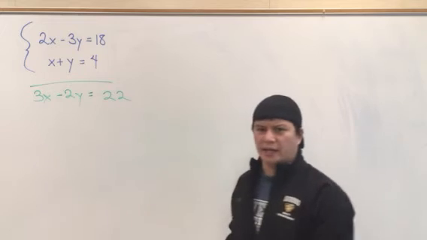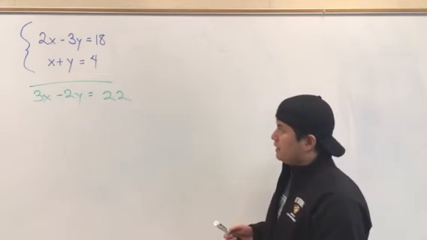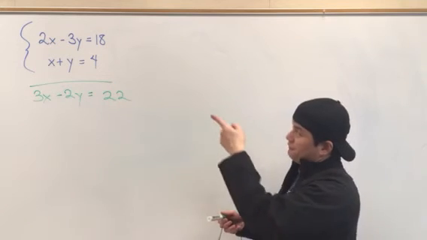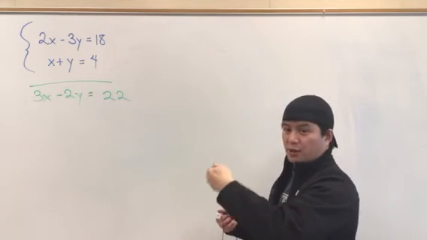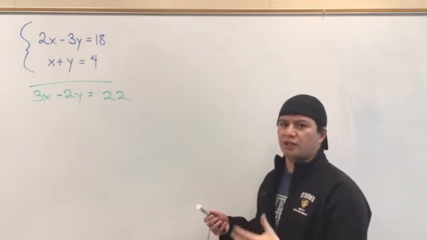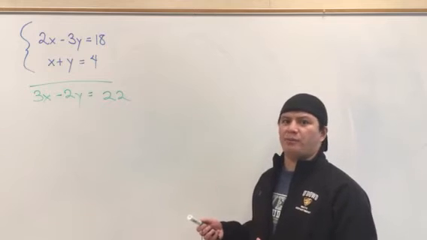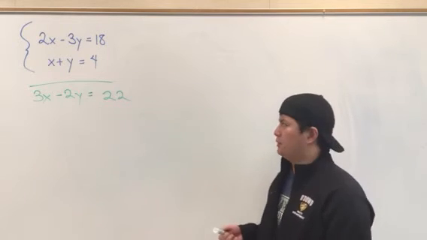I really don't get any closer to a solution. What would be great is if I had added the two equations together, that one of my variables canceled each other out and just went away completely. Then I would be able to solve for the remaining variable.